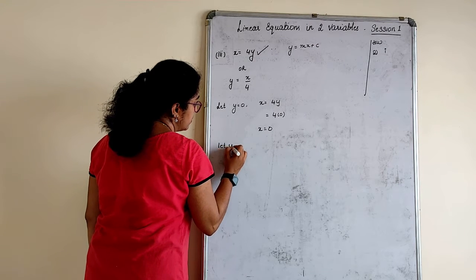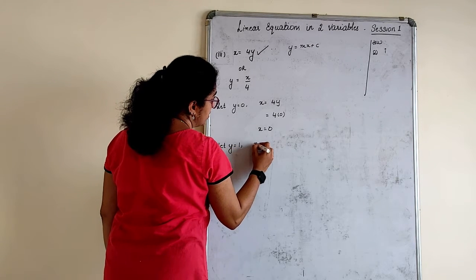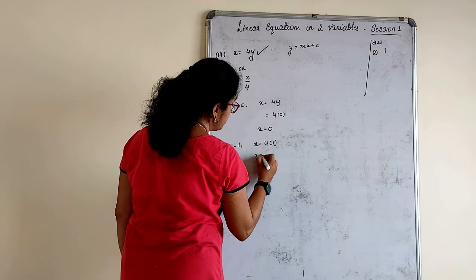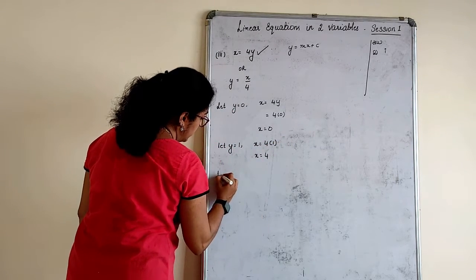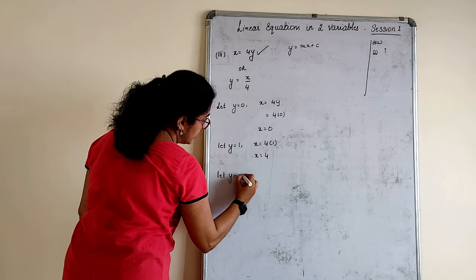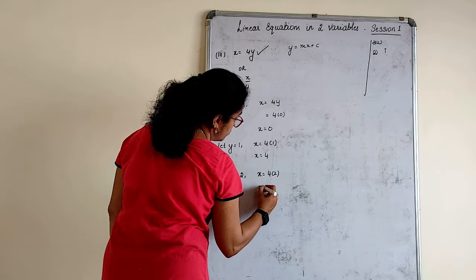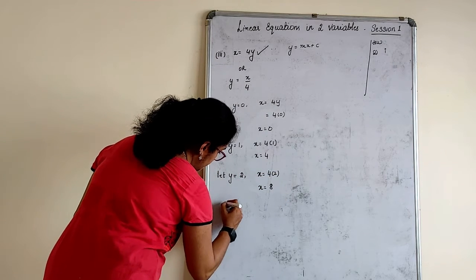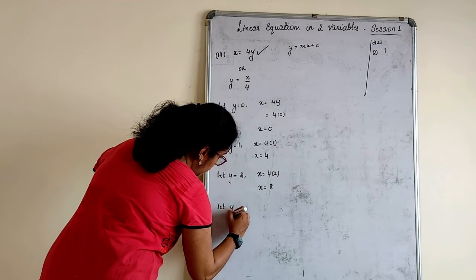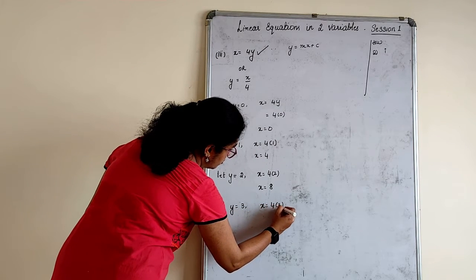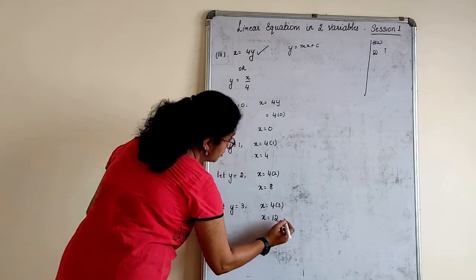Let y is equal to 1, x is equal to 4 into 1, x is equal to 4. Let y is equal to 2, x is equal to 4 into 2, x is equal to 8. Let y is equal to 3, x is equal to 4 into 3, x is equal to 12.